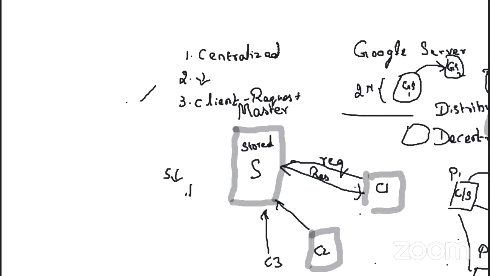Excuse me, ma'am. Yes, Sachin. Ma'am, what are the major disadvantages of the P2P model? The major disadvantage is that it can be formed only as a small network, and that particular network can be used only for sharing purposes.